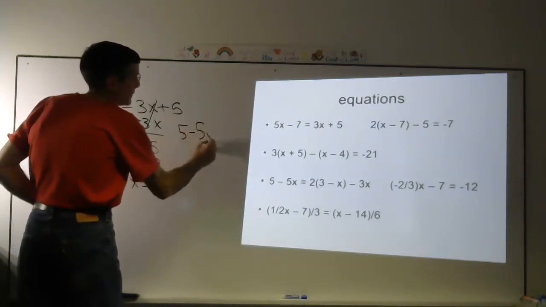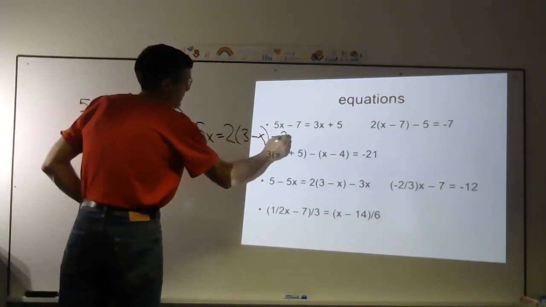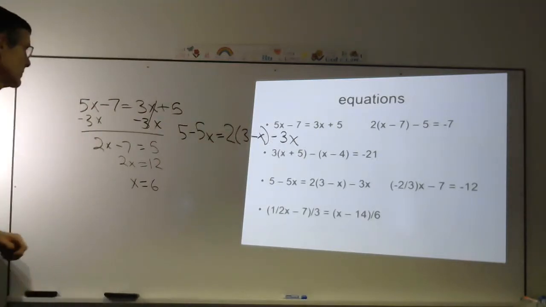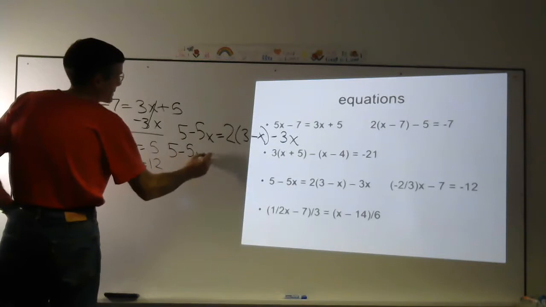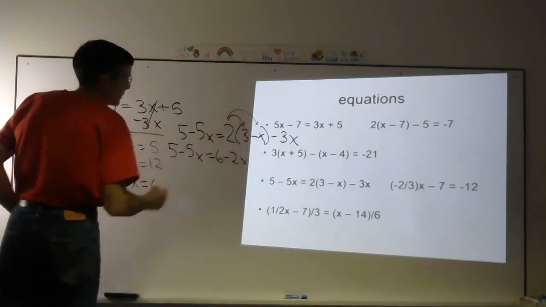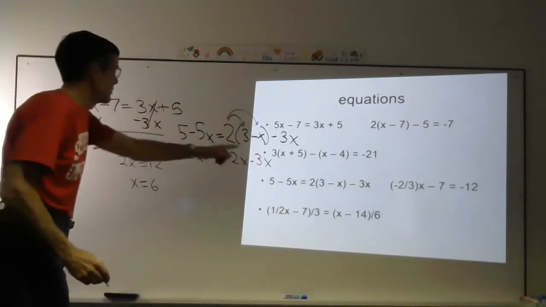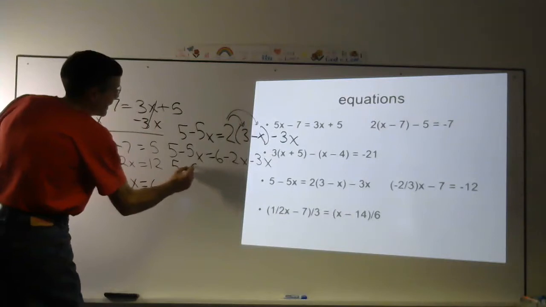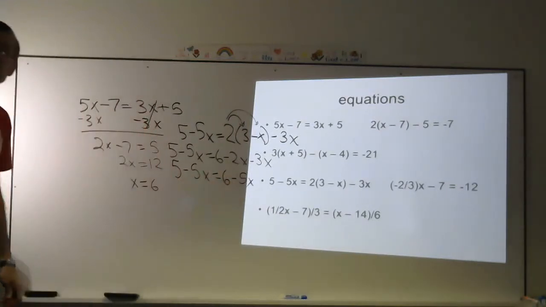5 minus 5x equals 2 times 3 minus x, minus 3x. Okay? So I have 5 minus 5x, 6 minus 2x, you've got to take the 2 into both parts, minus 3x. Collect terms. I have 5 minus 5x is 6 minus 5x.